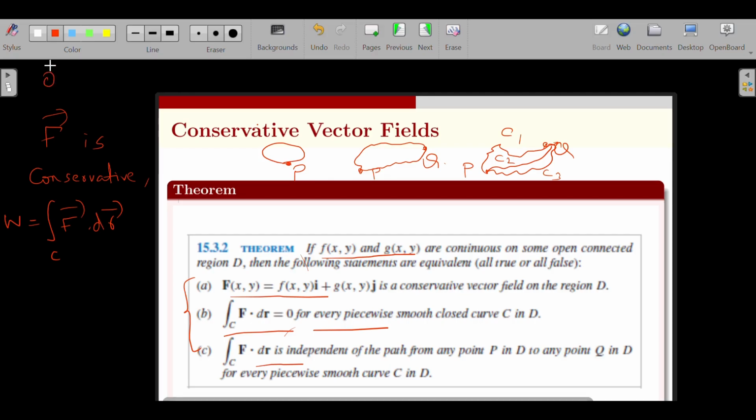Since F is conservative, there exists some scalar function phi with the property that F is equal to del phi.